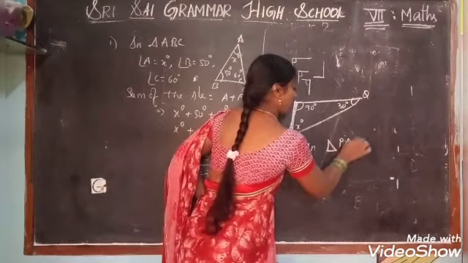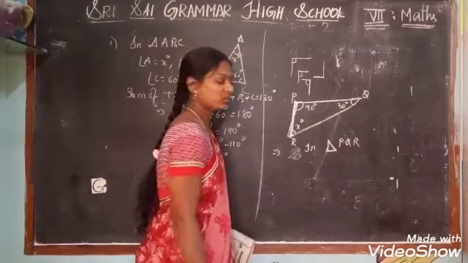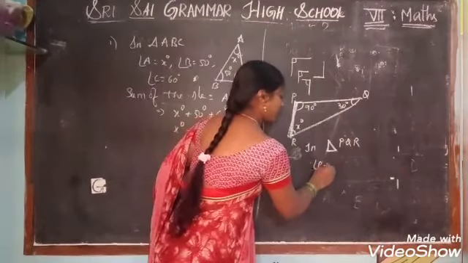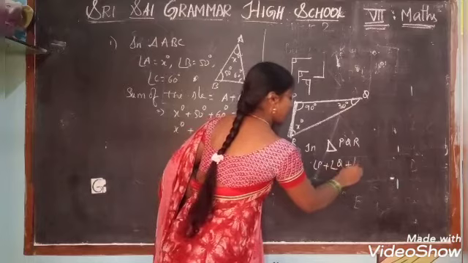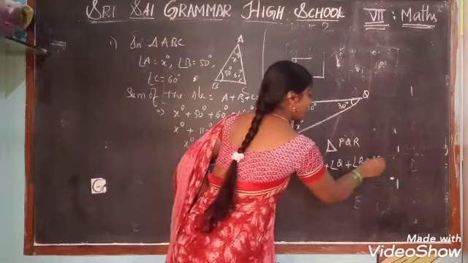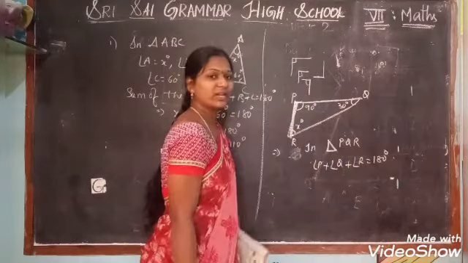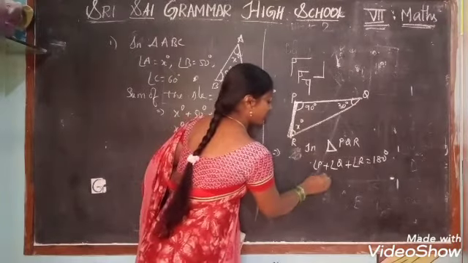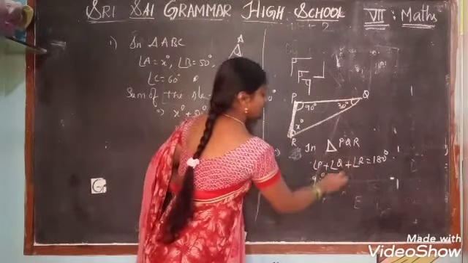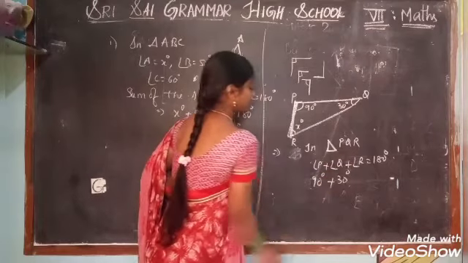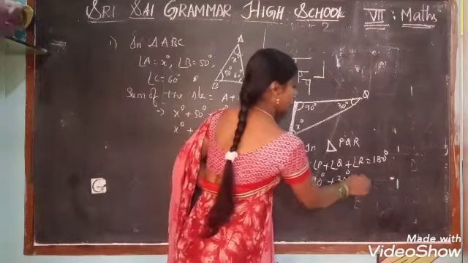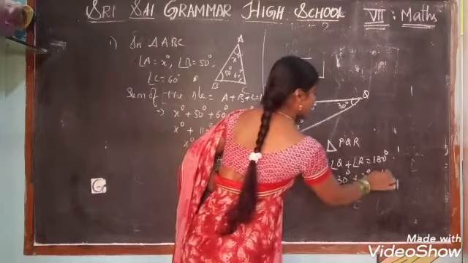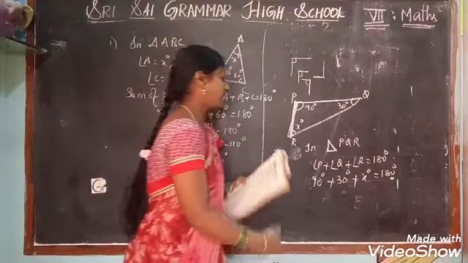In triangle PQR, angle P plus angle Q plus angle R equals 180 degrees. Now, what is the point P? 90 degrees, plus angle Q, 30 degrees, plus angle R, x degrees, equals 180 degrees.